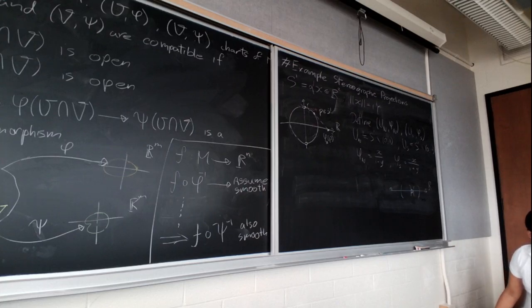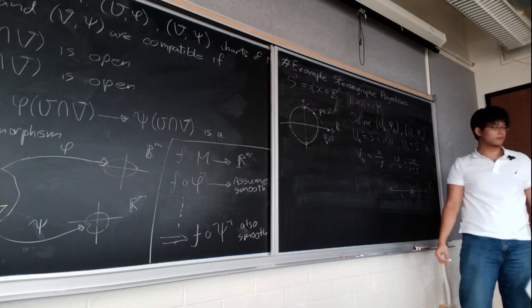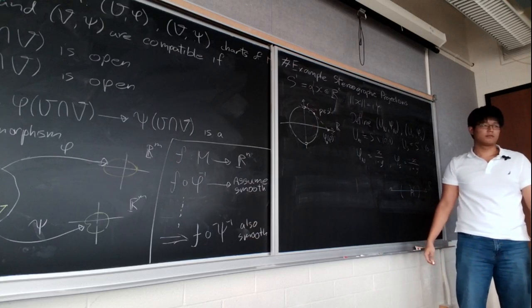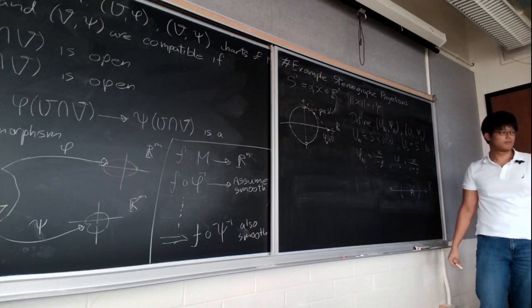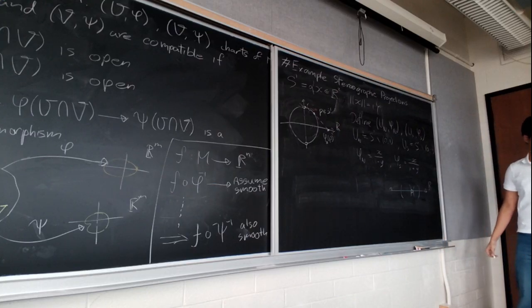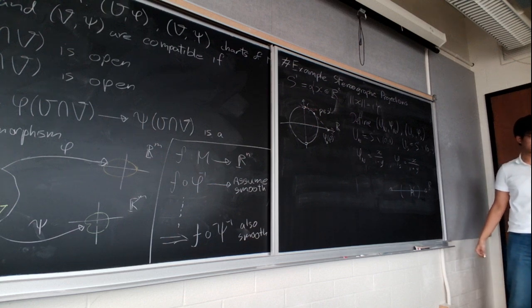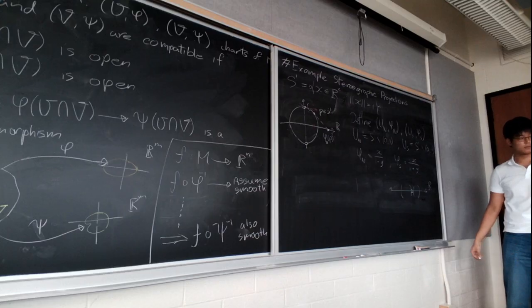But suppose I had a circle, and I remove a point in the circle. I can still get from any part of the circle to any part of the circle by going around. So you can see that, in some sense, the circle is very different from an open interval, because I can remove a point and then I get different things.